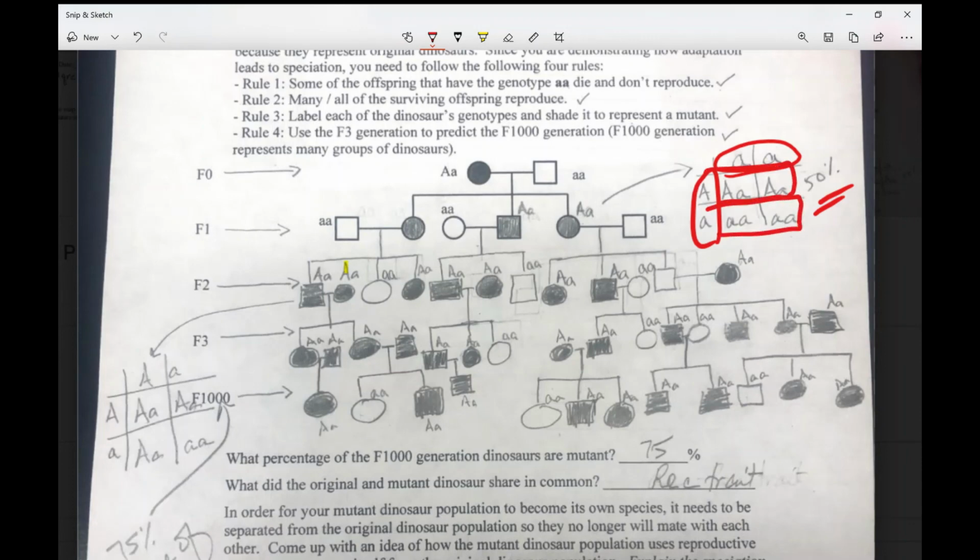Now, if I get into the position where both parents are heterozygous for the dominant trait, it's a 75% chance they would have the dominant trait.